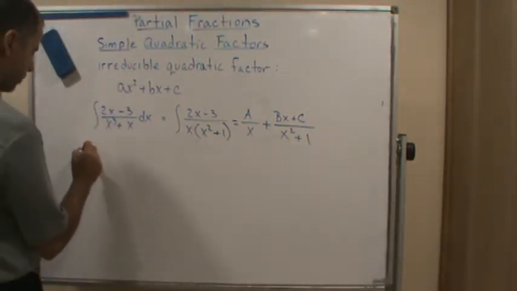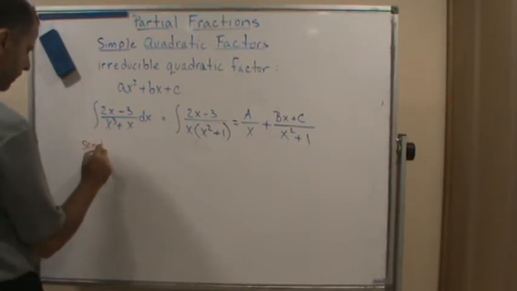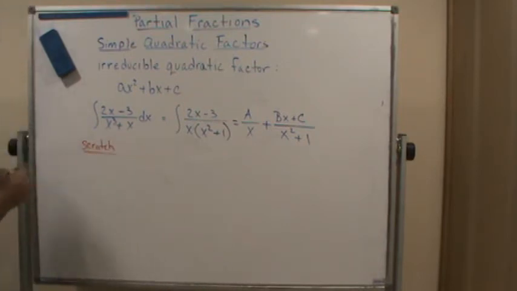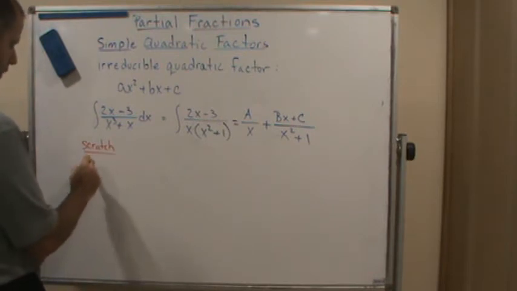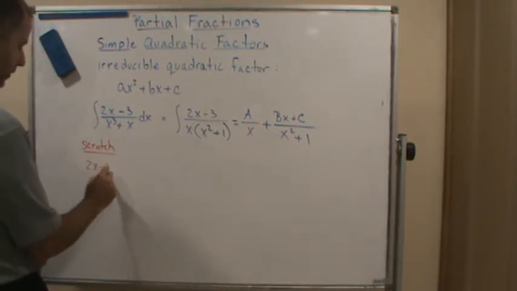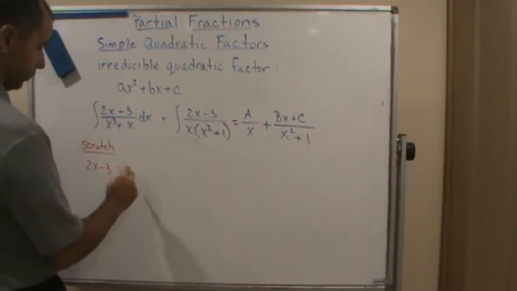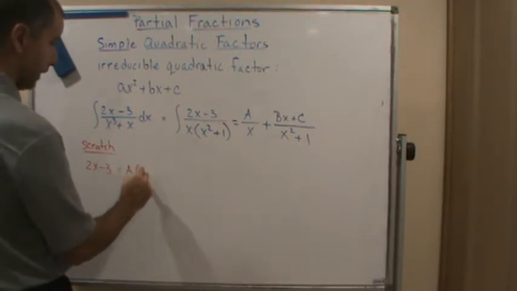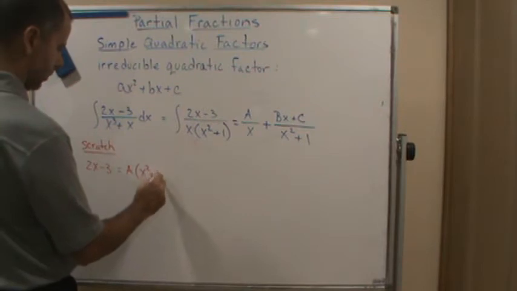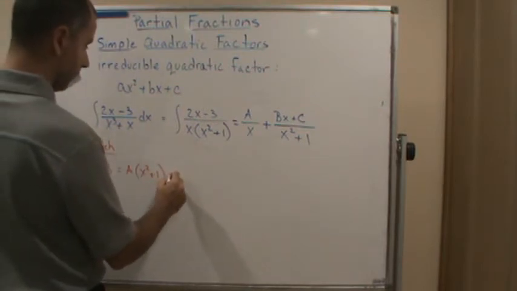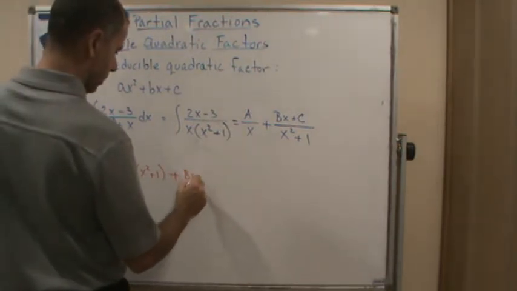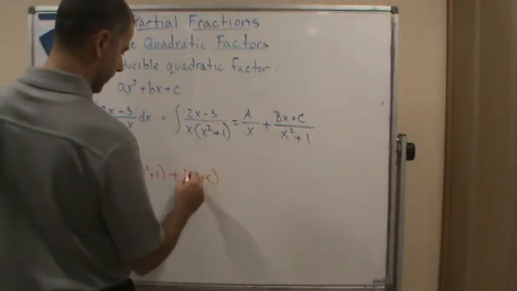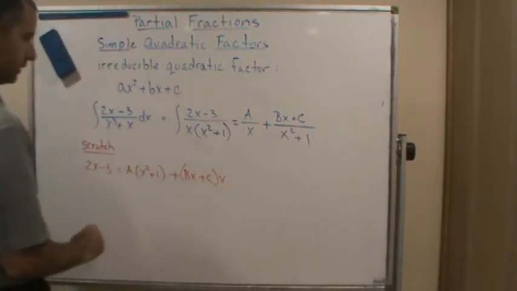So let's do our scratch work. Let's set up our equation. 2x minus 3 is equal to a times x squared plus 1, plus bx plus c times x.